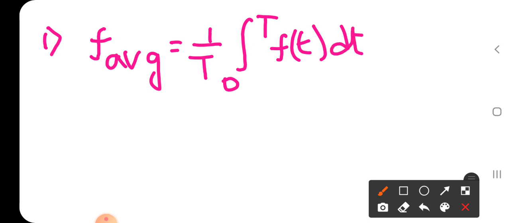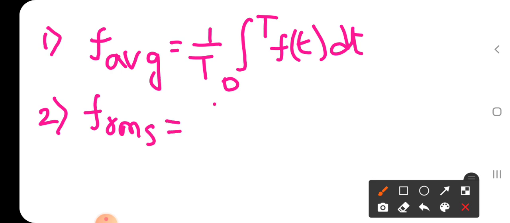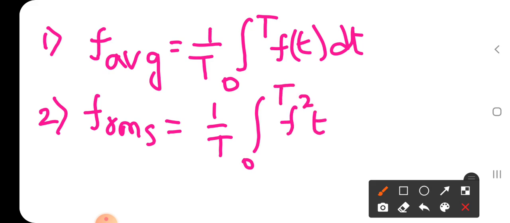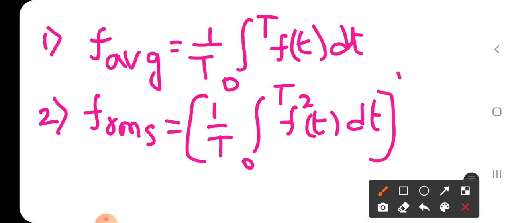Okay, so then what is RMS value? F RMS is equal to 1 by T integral 0 to T f square of t, or f of t whole square dt, whole power half.